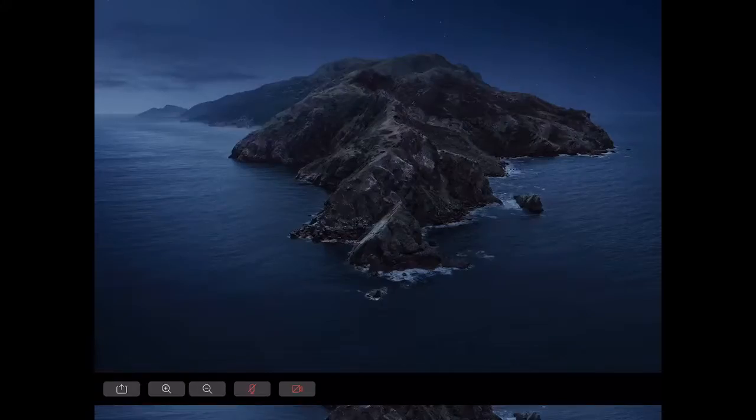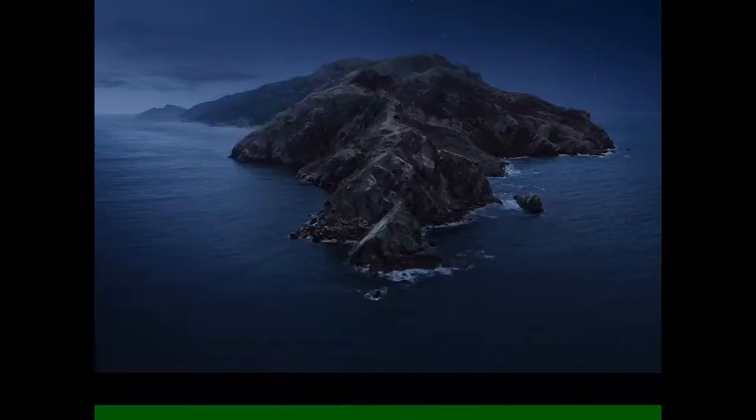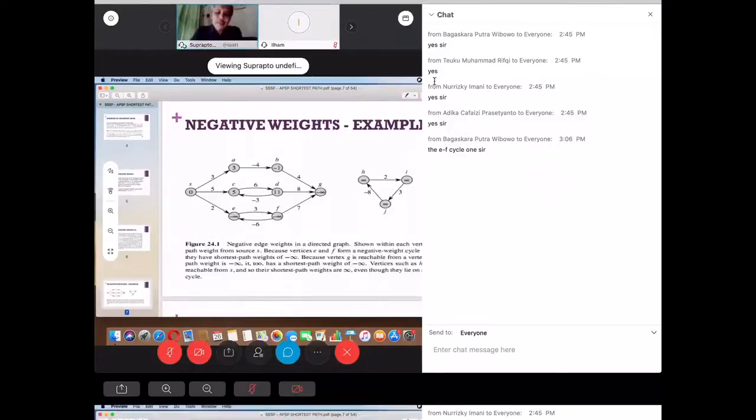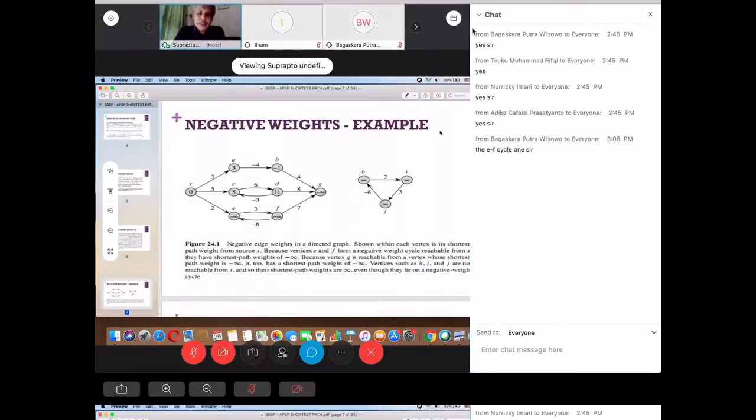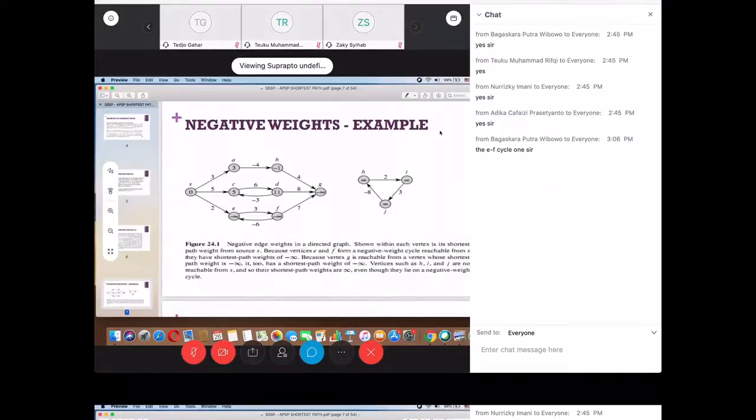Because when you sum 3 and minus 6, then you will get minus 3. That's the negative weight cycle. And that cycle is reachable from S. So according to the requirement, is there any solution of shortest path for this graph?